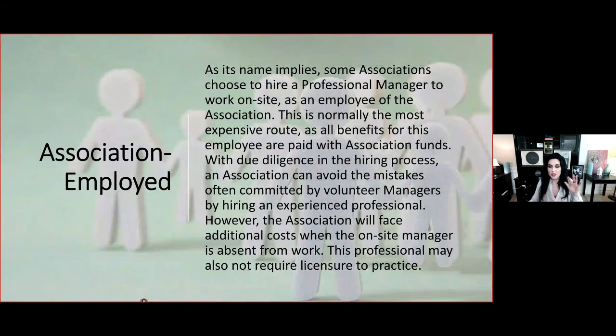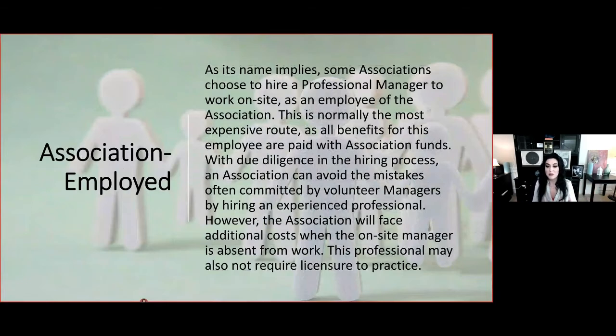And this might sound confusing, but actually it's not. Let's say, for example, you are a condominium association and you've got 200 townhomes or 200 units within the association, and you've got maybe an office building or a spare unit. Maybe you have an association-owned clubhouse or an association-owned unit that the association employee can work out of.